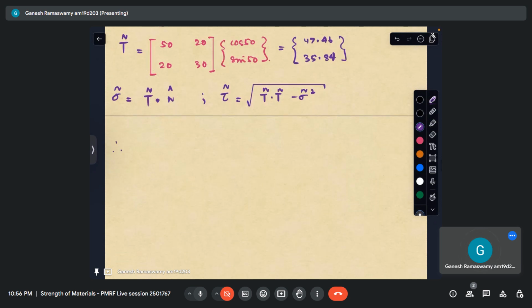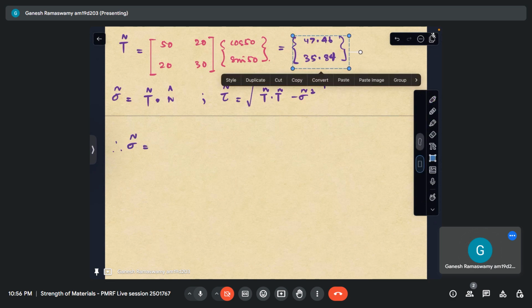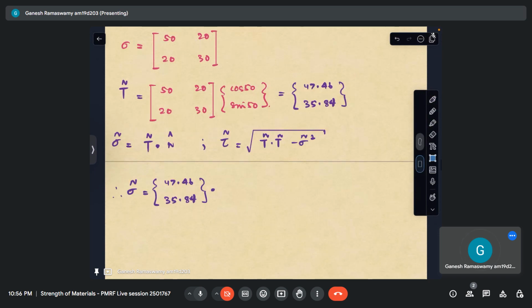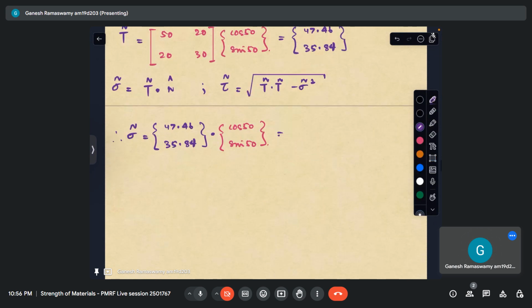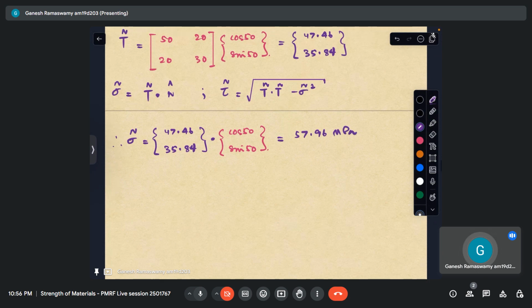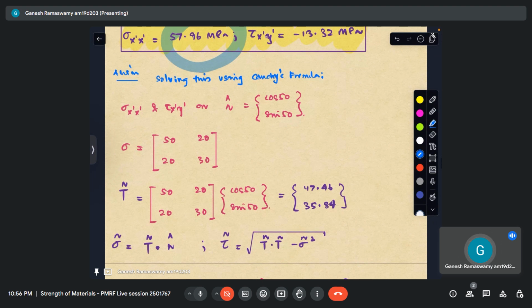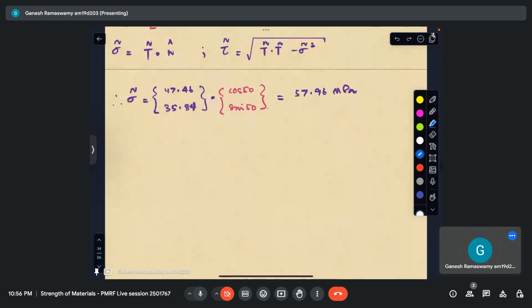So therefore, sigma n is nothing but this dotted with this, which comes out to be 57.96 MPa. And what were we getting from the stress transformation equations? We can clearly see here we were getting the same value. So to that end it is consistent, no problem.